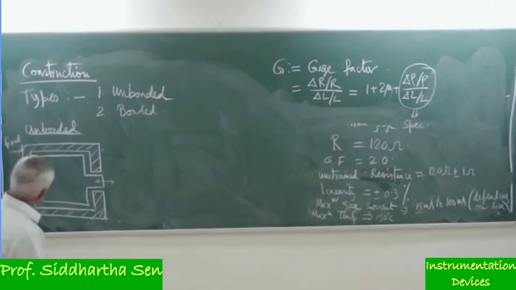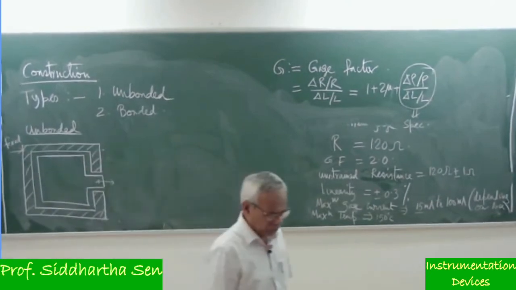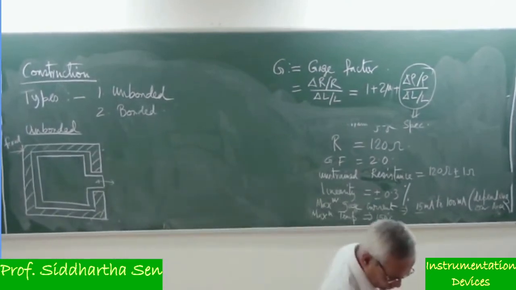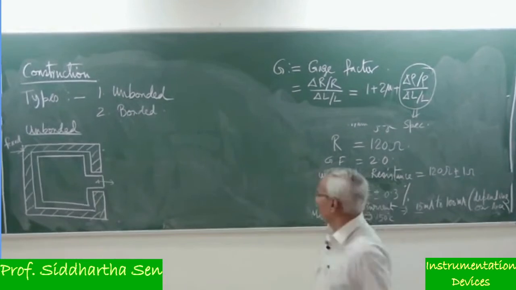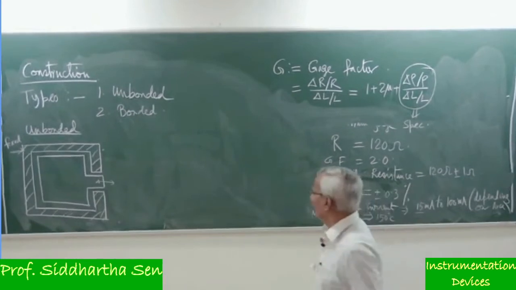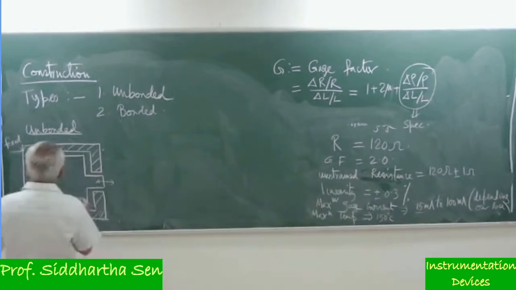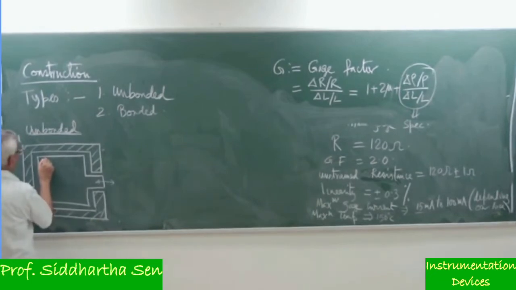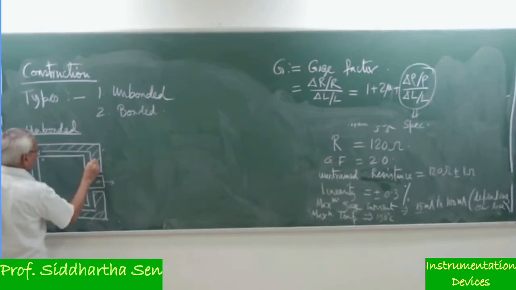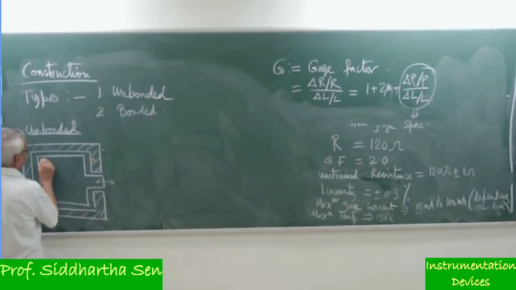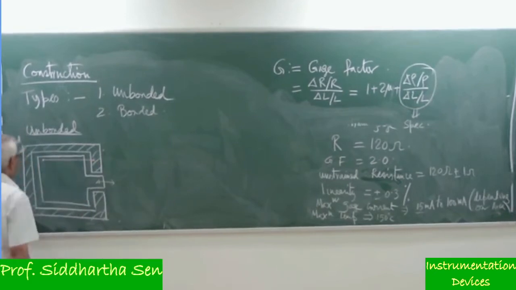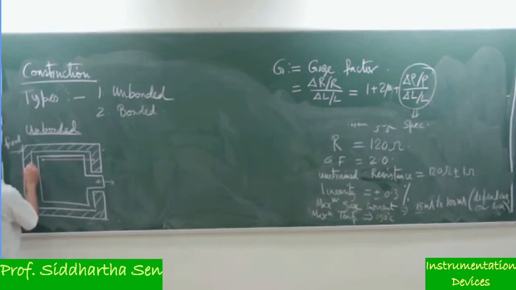Basically, as I have told, between two buildings, the structure is like this. And what we do is that among these two buildings, we nail and fix simply this sort of strain gauge wires in between.